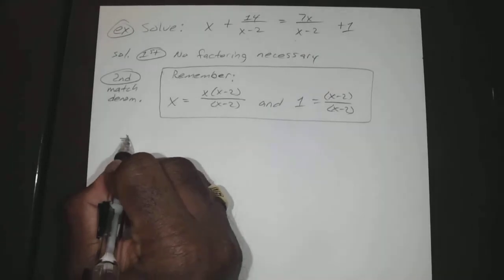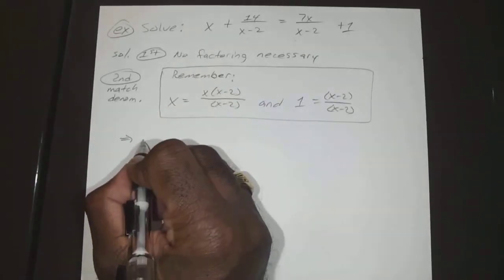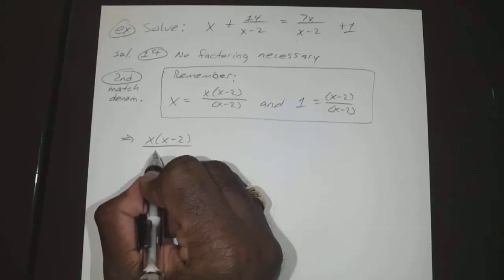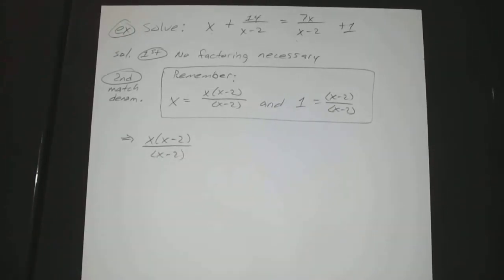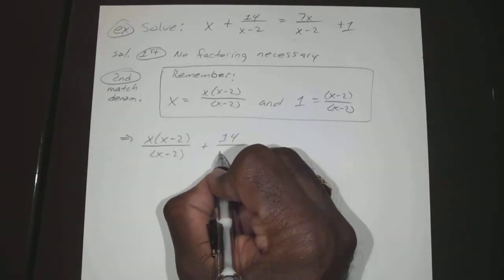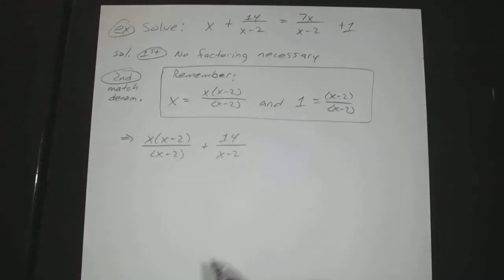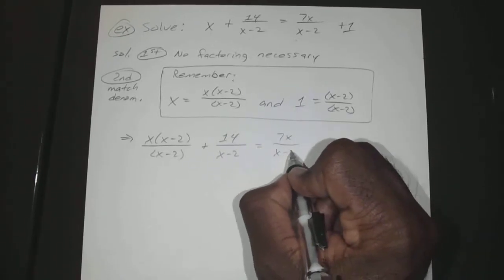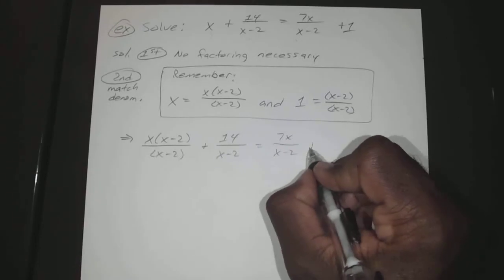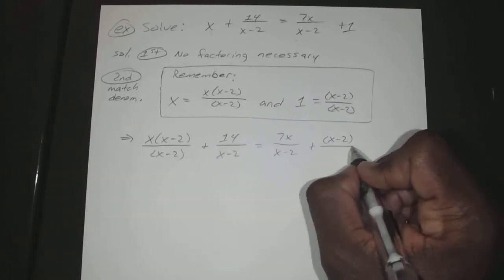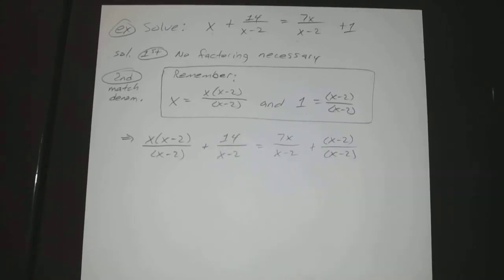So x is just x times x minus 2 over x minus 2, plus 14 over x minus 2, equals 7x over x minus 2 plus, and instead of 1, we just make that x minus 2 over x minus 2.